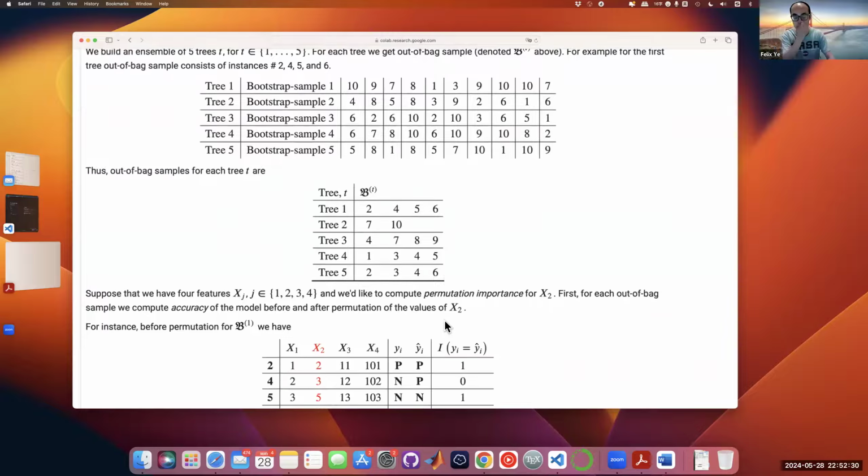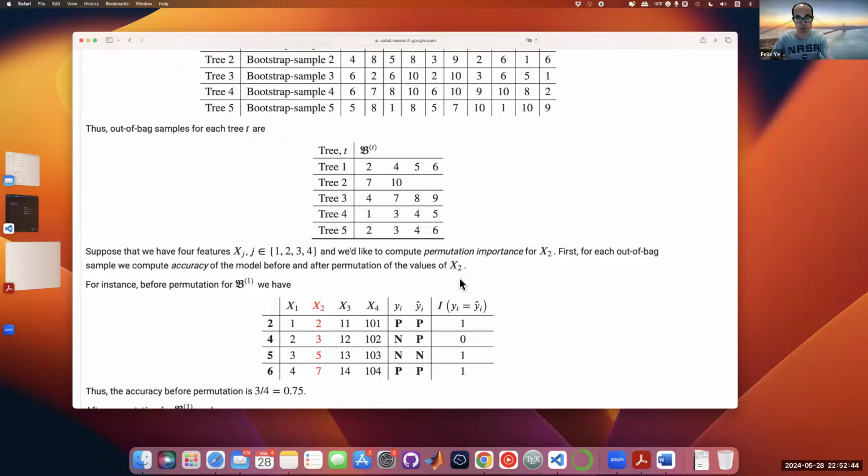So we have the out-of-bag examples, which will be 2, 4, 5, 6. Say you want to compute the permutation importance for X2. Then for each of the out-of-bag examples, we compute accuracies before and after permutation of the values of X2.